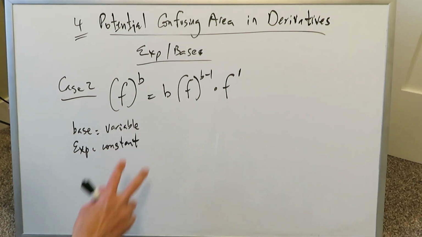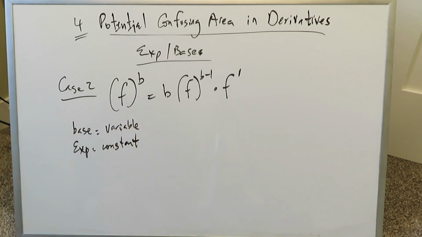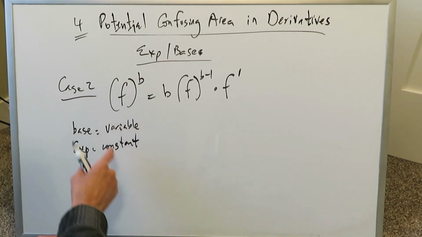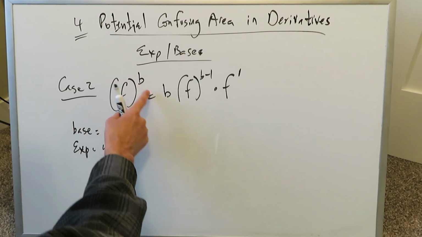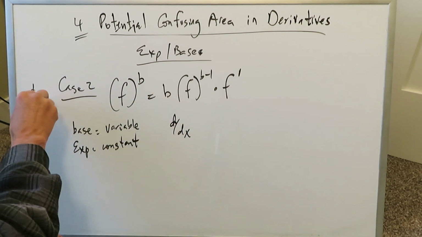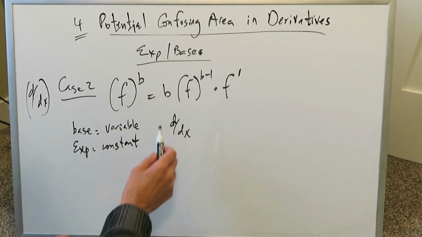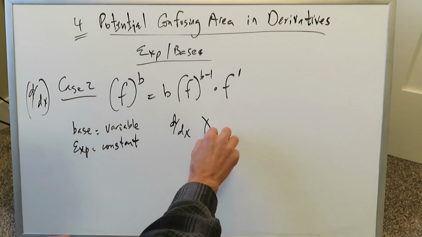The only reason why we've presented this expression in a very formalized manner is because at times this variable can very well be a composite and not just a simple case. Let me show you two examples where you should be wary of this case, where the base is a variable and the exponent is a constant. Consider you're doing a derivative, and remember we're doing the derivative of each of these four cases. You're looking at something like the derivative of x cubed.